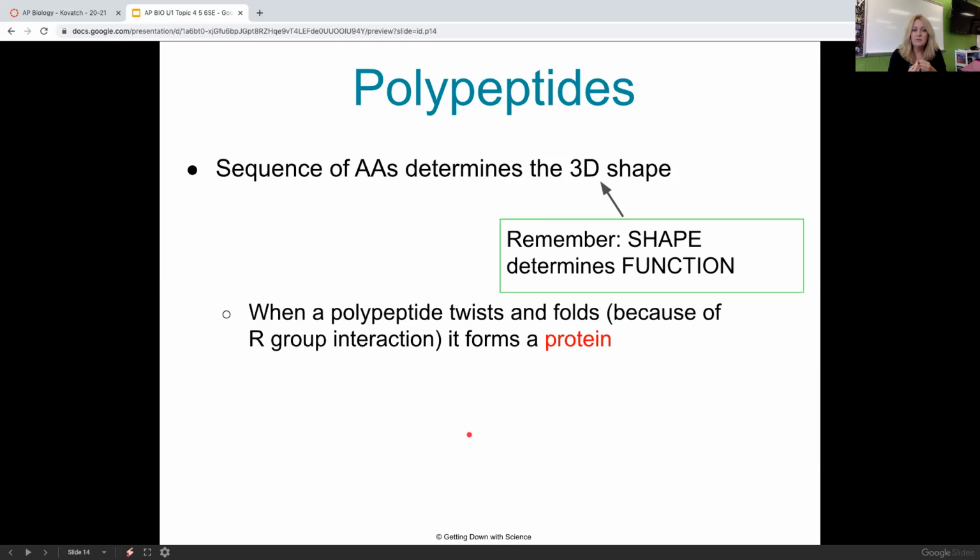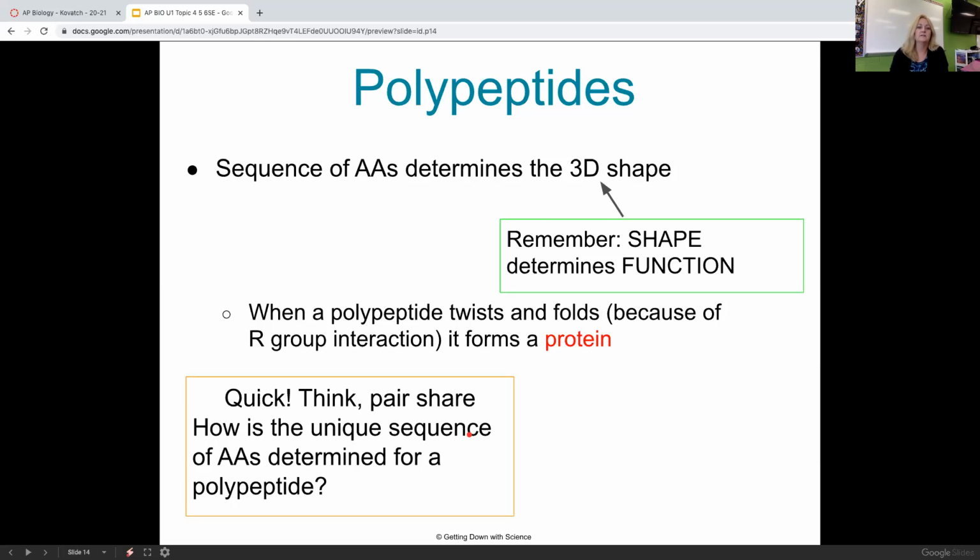This twisting and folding will make it take its 3D form, its shape, and that is very important for its function. Sometimes when the amino acid sequence is disturbed through a mutation or something, the resulting protein is messed up. It can't fold the same way because it doesn't have the correct sequence of amino acids.